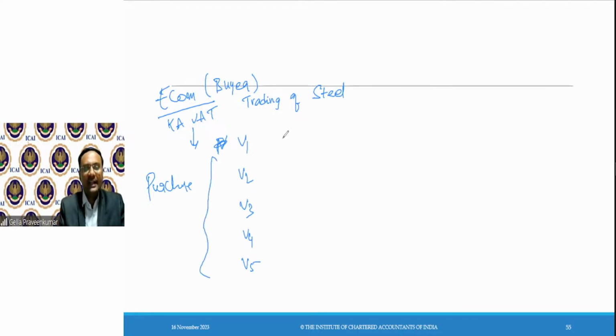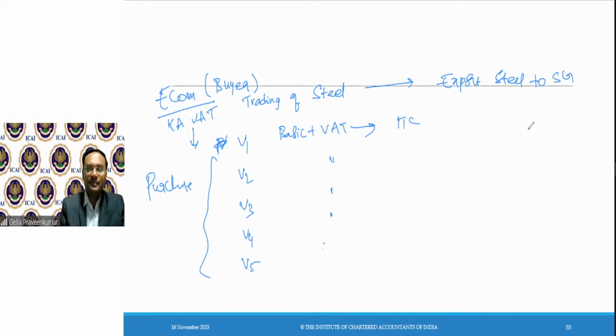These vendors collected basic amount plus VAT thereupon. And this particular VAT, whatever was paid, was claimed as an input tax credit. And ECOM exported steel to their customer in, say, Singapore.